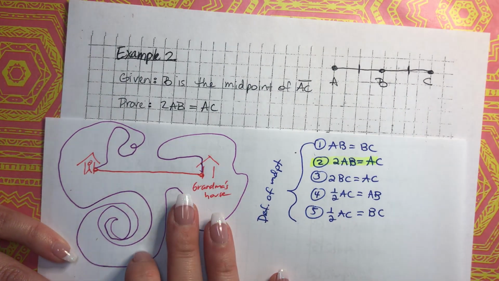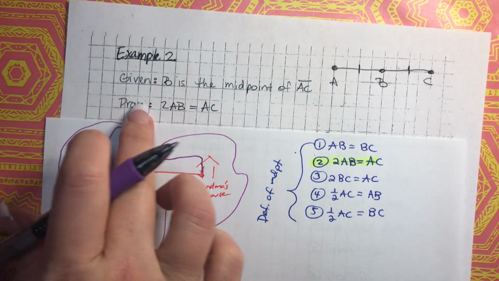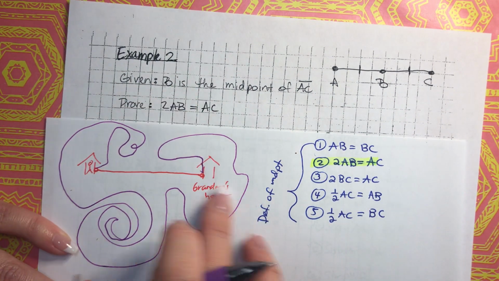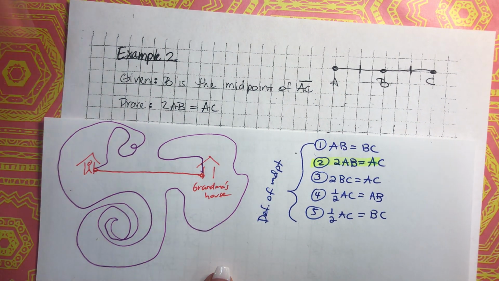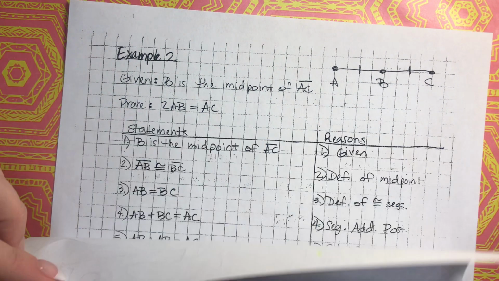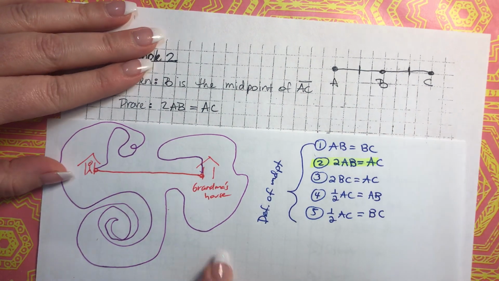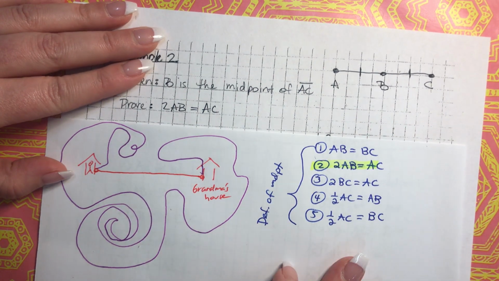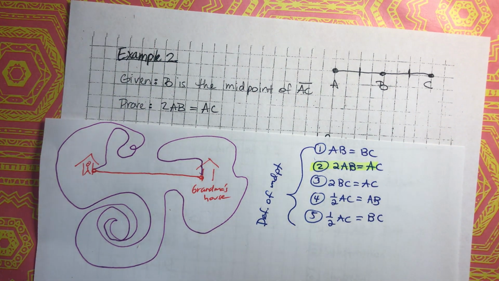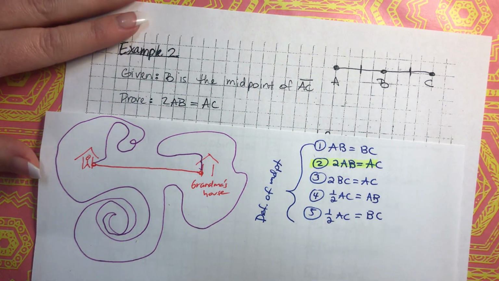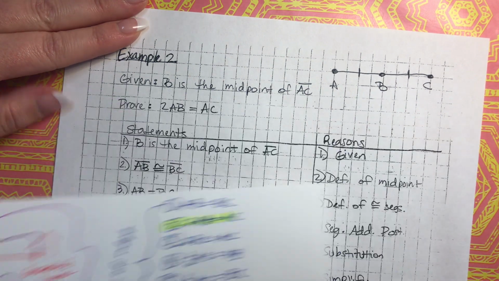Even though some of you realize, hey, I can directly get there through the definition of midpoint, that's the direct pathway. What they're going to be doing in this proof, which they want us to write as a flow chart, is more of a long, windy path. I just need you to understand that before we get started. So let's see what type of long, windy path they go on.